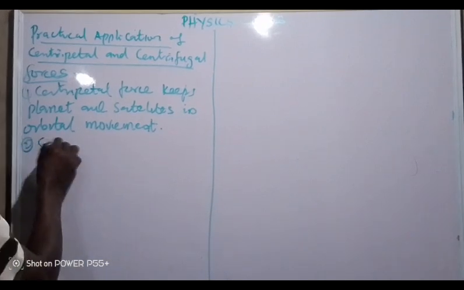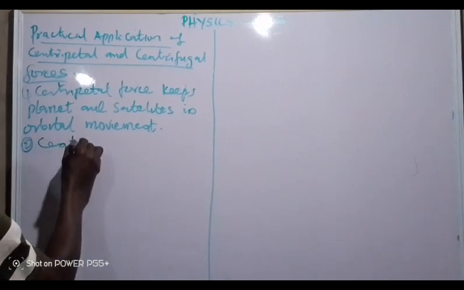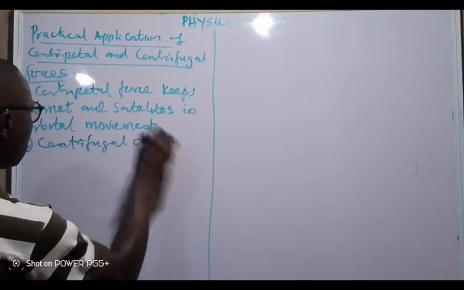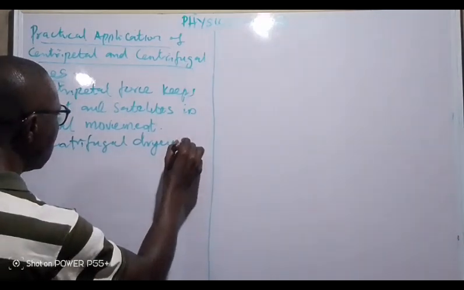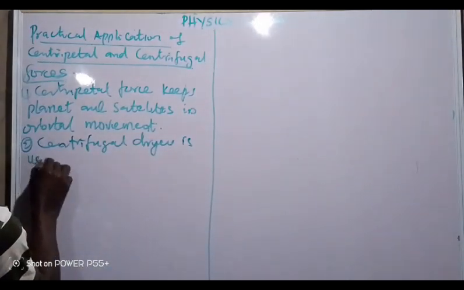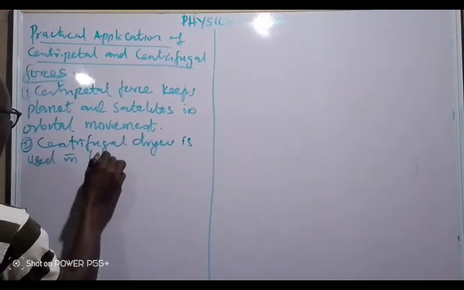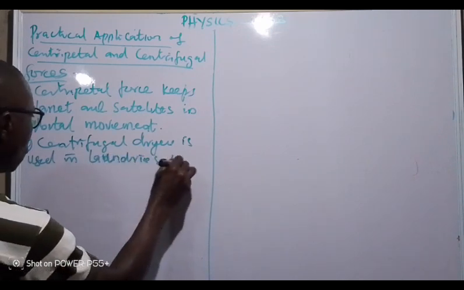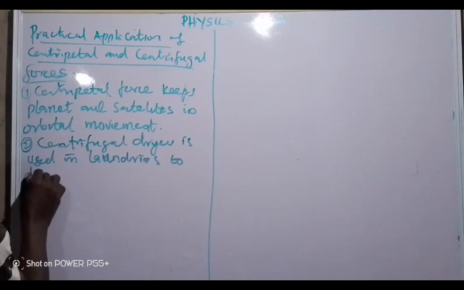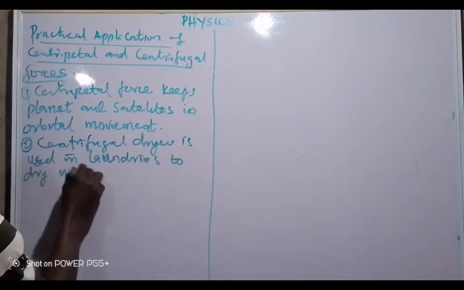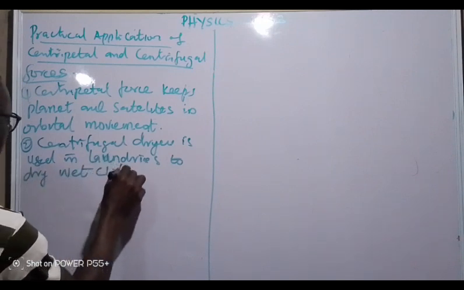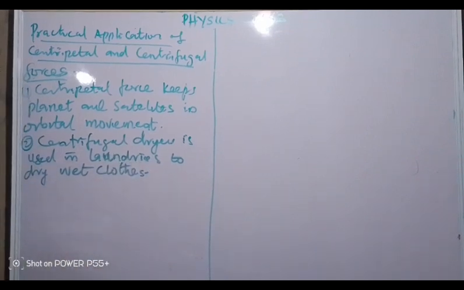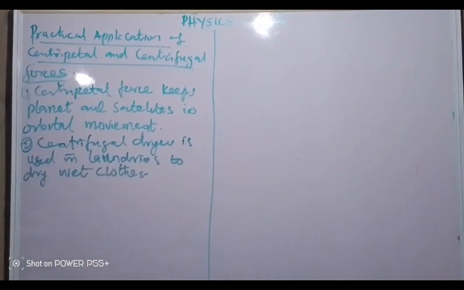Number 2, centrifugal dryer is used in laundry to dry wet clothes.